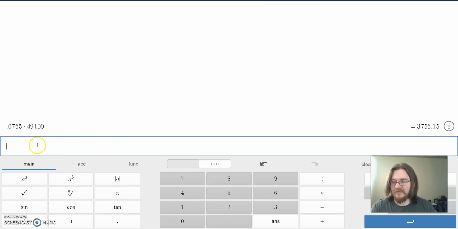So this will be $49,100 minus the $4,050 from their exemption, and the $6,350 from their deduction. So then we get $38,700.